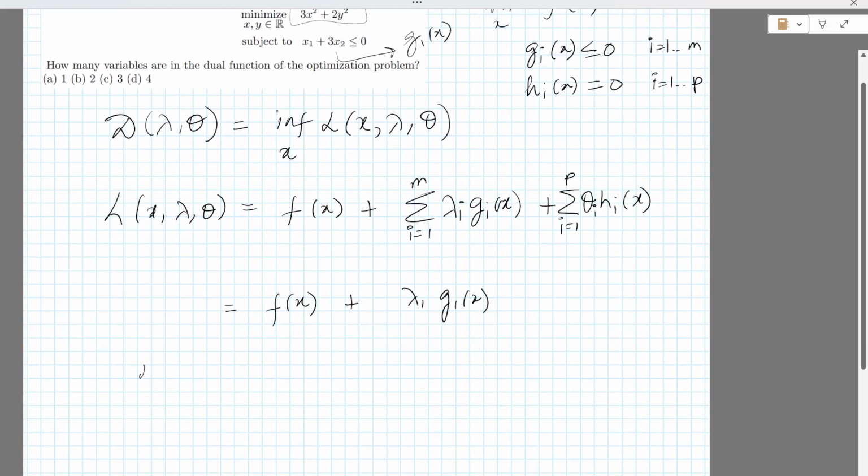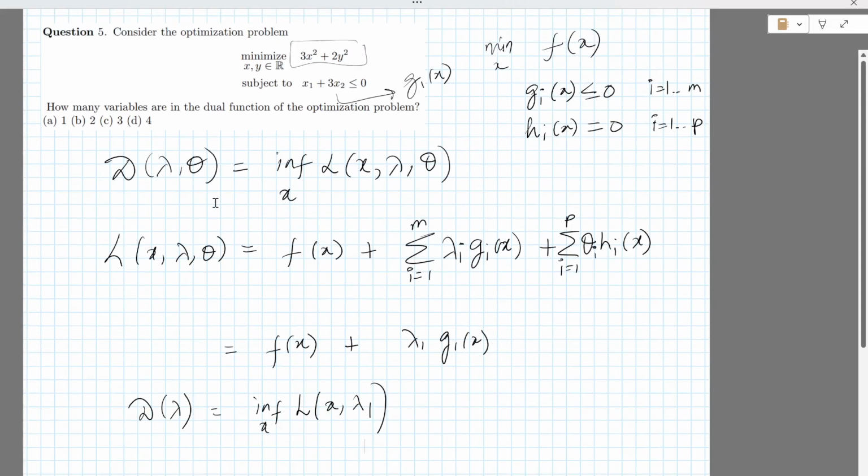And the dual will be the infimum of L(x, lambda 1). So we have only one variable in the dual, corresponding to the one constraint.